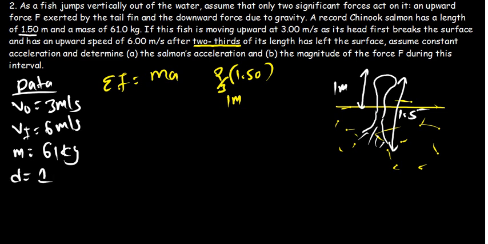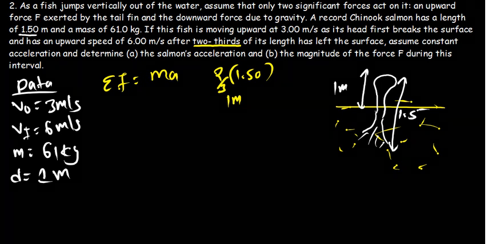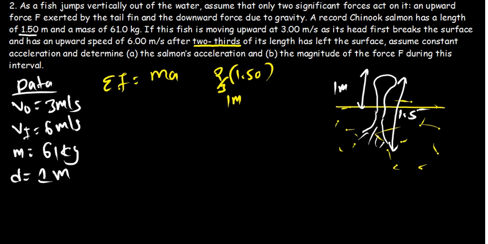Now the question is, we need to calculate the acceleration. Which formula can we use? We have this data, we calculate the acceleration. The only formula we can use, since we don't have time, is the third formula: v squared equals v initial squared plus 2ad.